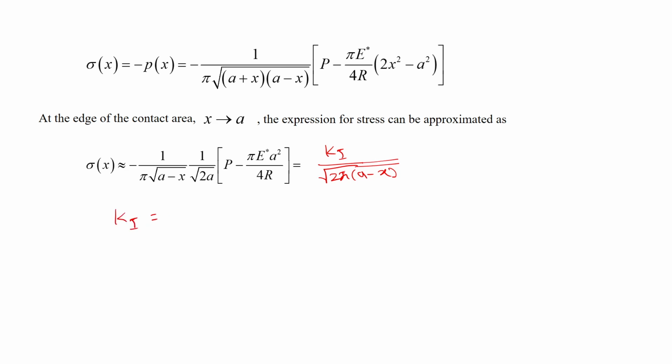There should be a square root of pi here, and this is a minus x, and the square root of 2 goes, so this is pi a, and then it is p minus pi E star a squared by 4R. So, this is the expression for the stress intensity factor.